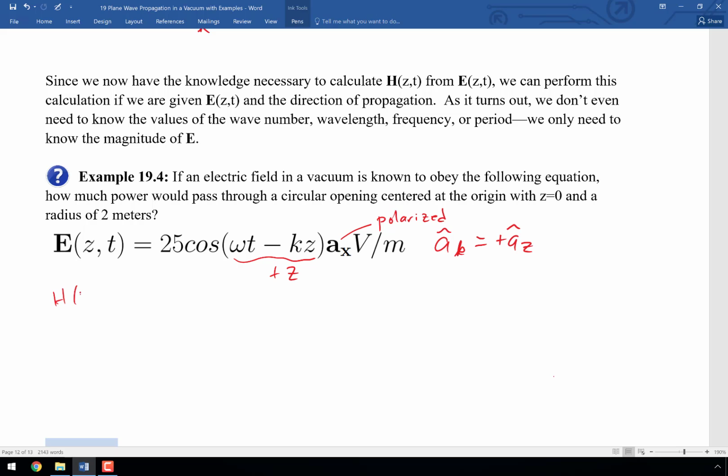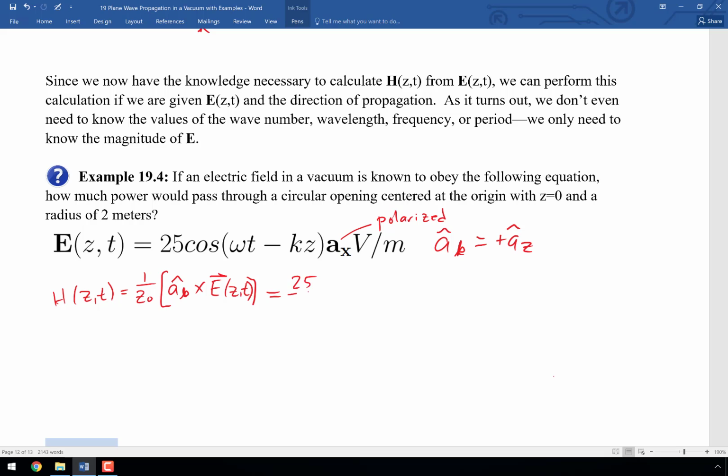I can write H of z comma t is equal to 1 over Z sub 0 times a sub k crossed with E of z comma t, and that's equal to, I have it's 25 volts per meter. So 25, I'm going to erase this just so that it's not quite so constraining.